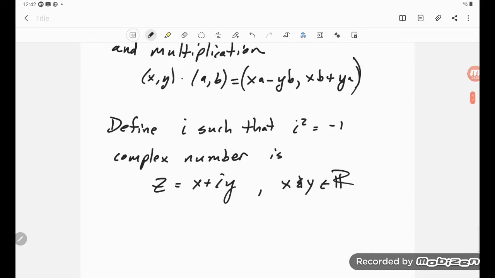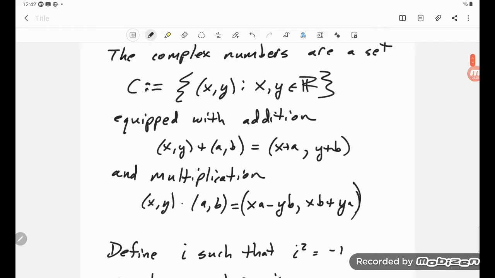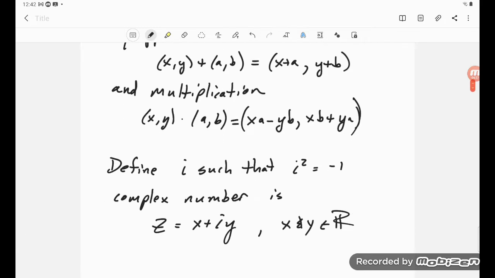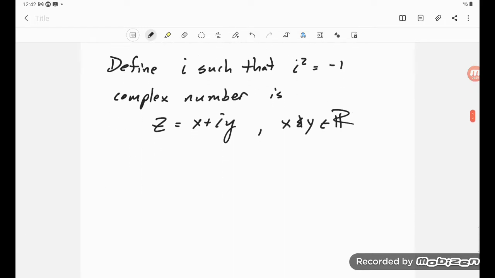Oh, so you see this is an ordered pair. So if we come back up here, we've got an x and a y. X and y are elements of the real numbers. X came first, then y in that case. But here, you could call this an ordered pair as well, because typically we would write it as x and then plus iy as opposed to iy plus x. Yeah, you could write it that way.